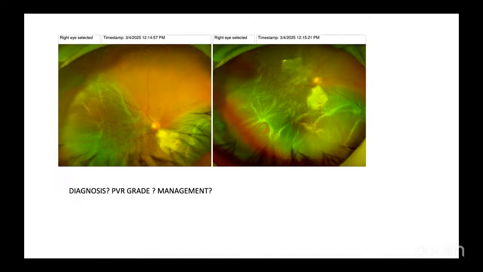Can you hear me? These are present in PVR grade C. In this picture it is not clear, but he has more than two or three star folds. One is right in the center of the picture. So when a star fold has appeared, it is PVR grade C.